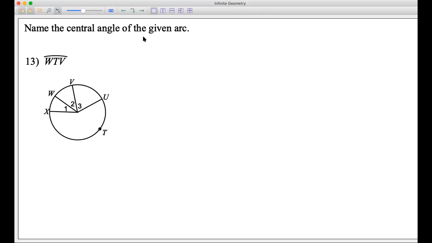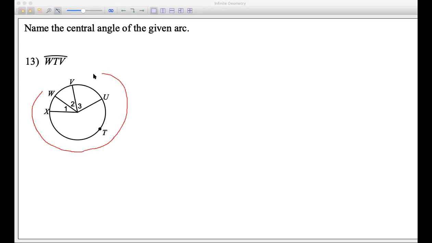So all you've got to do is find the letters W, T, V. Now, you can't screw this up. If I go clockwise, if I start at W, guess what happens? I cross over the V. I don't want to cross over the V. I want to go to T first, and then to V. You see that?